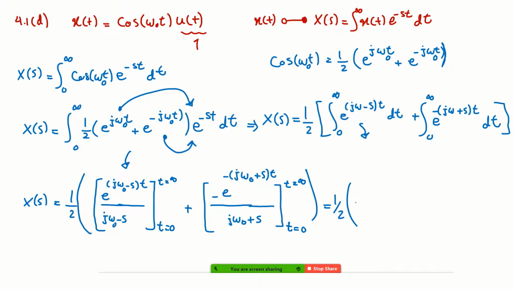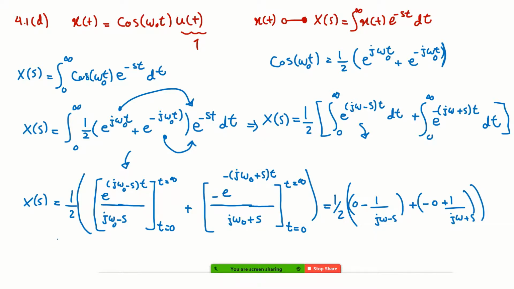So we have 0 minus 1 over j omega minus s, plus minus 0 plus 1 over j omega plus s.